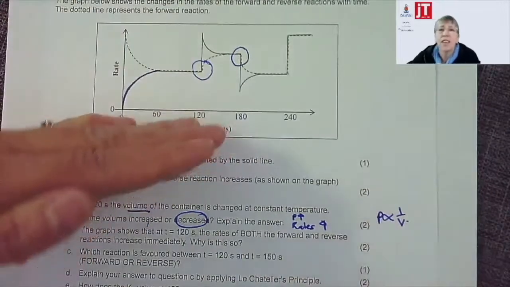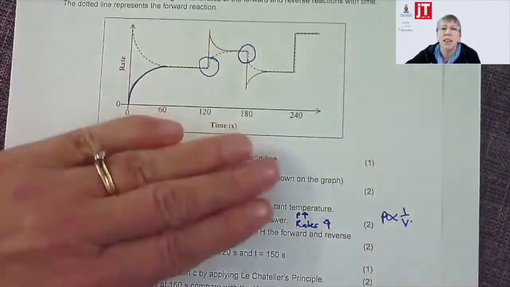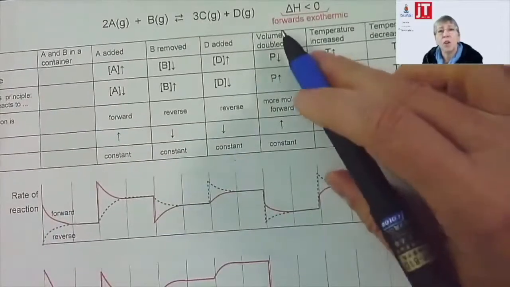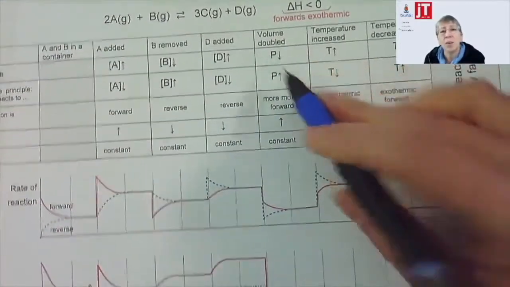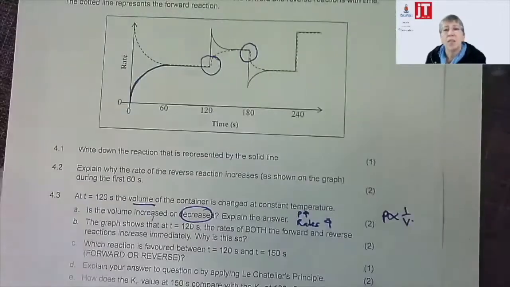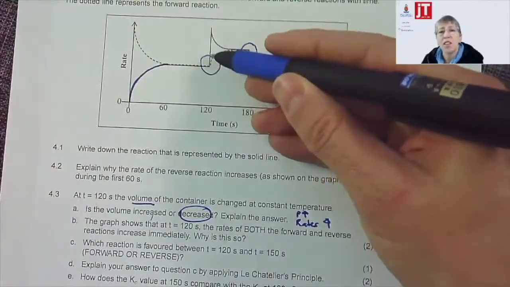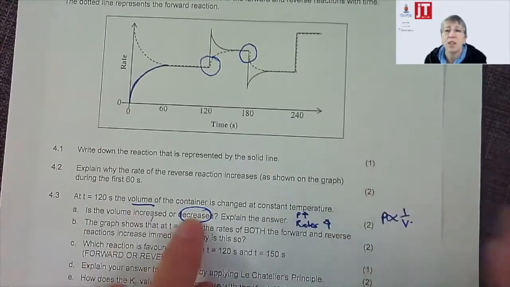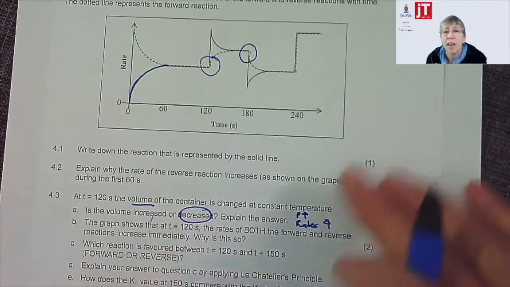So the fact that it's going up and not going down, right? If the volume was increased, the pressure would have decreased and everything would have been going down, right? But it's going up. The rates are going up because the pressure is up, which tells me the volume was going down.